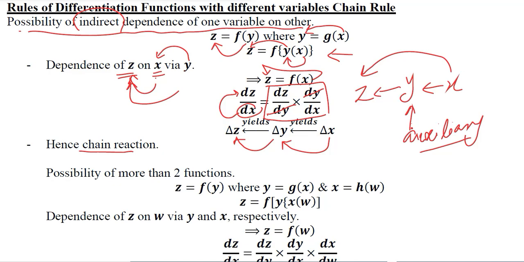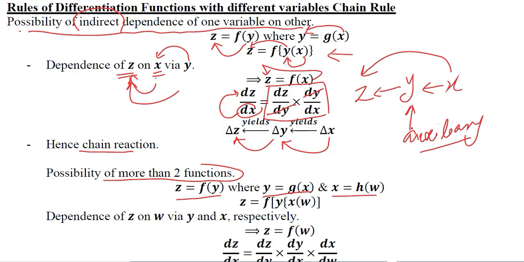Now there can be more than two functions. Here we had two functions, but now we are assuming that there are more than two functions. So z is dependent upon y, but y in turn is dependent upon x, and x in turn is dependent upon w.